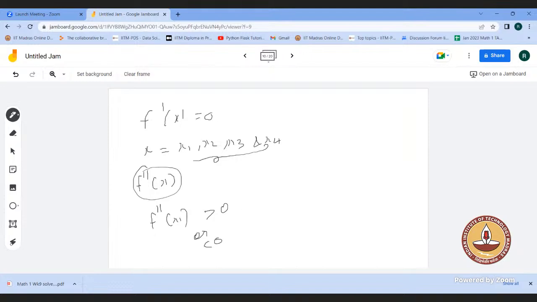The question is asking for the minimum value, right? So f double dash of x should be greater than 0. In this condition, we can check which values satisfy it. Suppose x2 and x3 satisfy this condition. Now we have to substitute the values of x2 and x3 in the original equation.